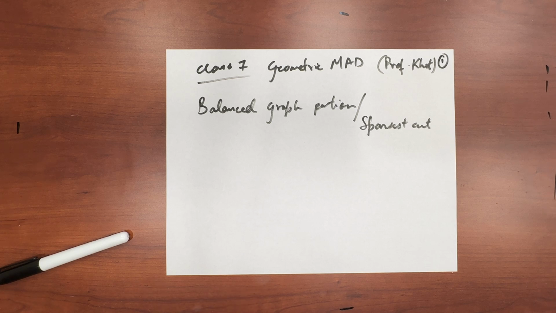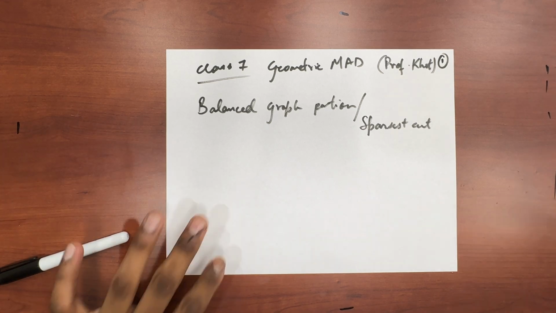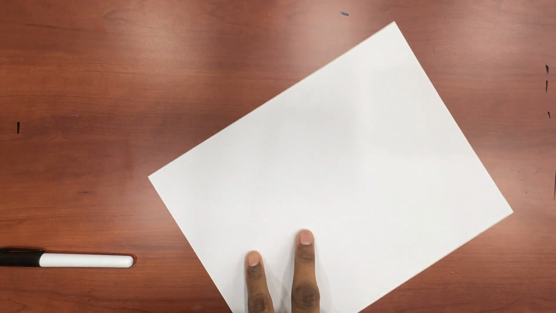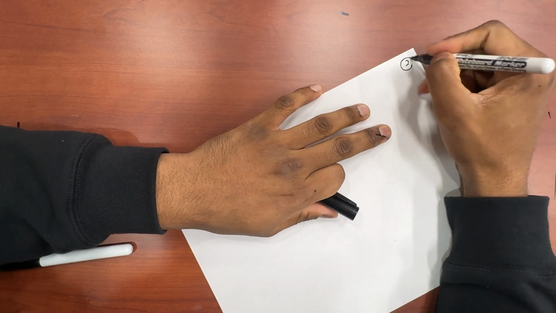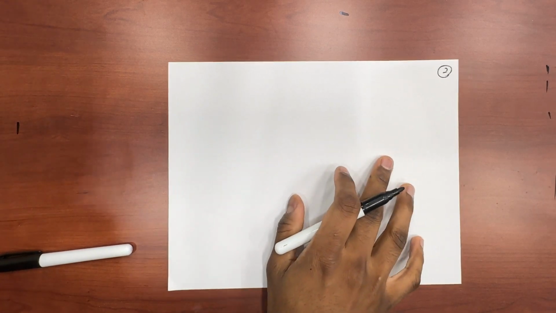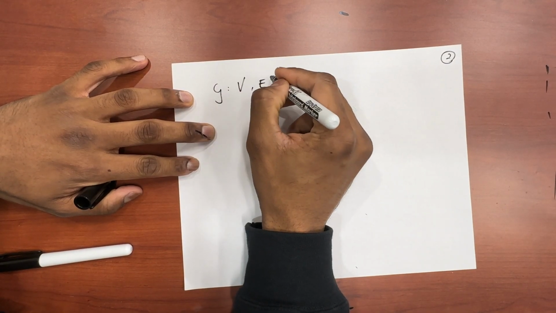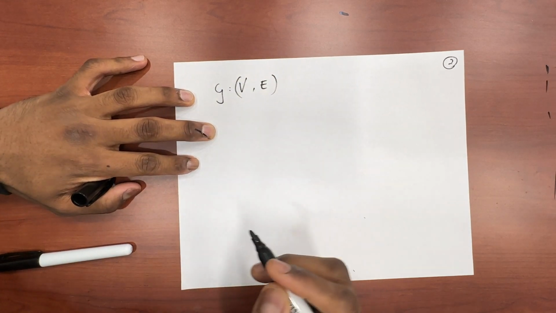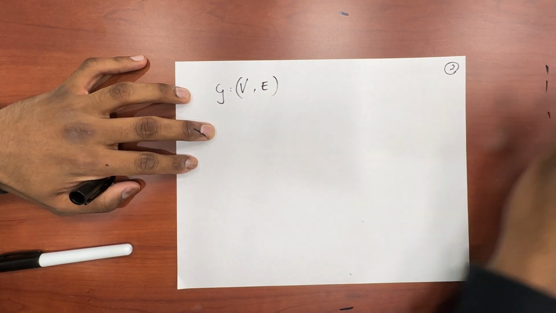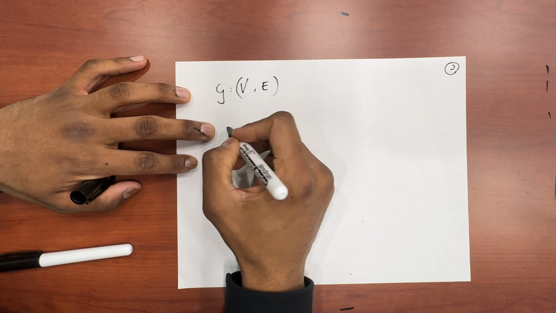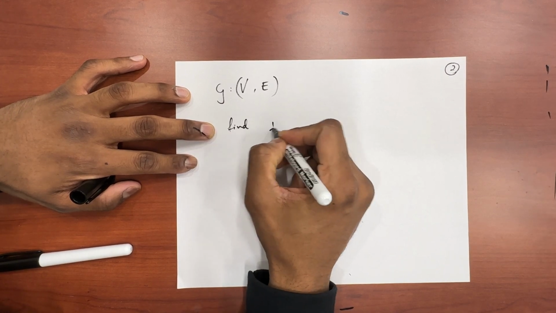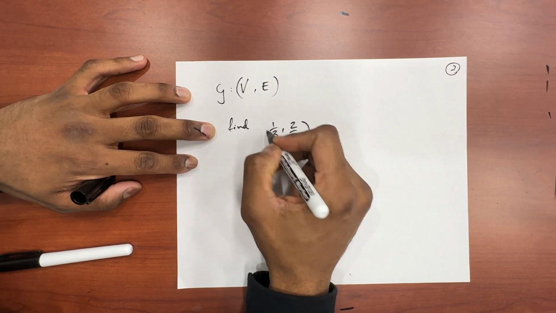balanced graph partitioning first. So what is balanced graph partitioning? Balanced graph partitioning, just from the problem description, is, let's say you are given a graph G with a vertex set and an edge set, right? What the problem description is, find, let's say, a 1/3, 2/3 partitioning of this graph.